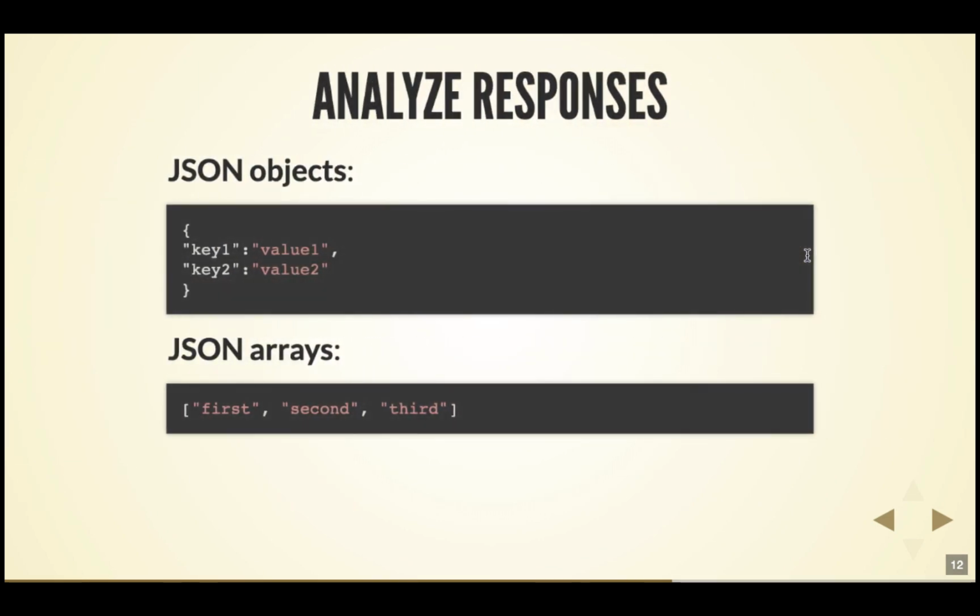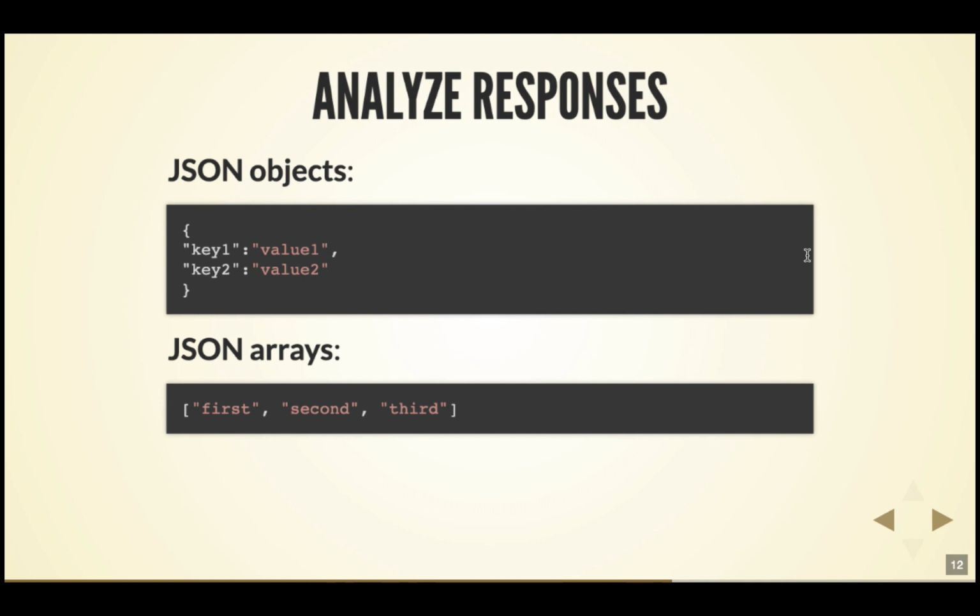One other thing is the responses that are coming back. You notice that they were formatted in JSON. If you've never seen JSON, it's basically curly braces and square brackets. The curly braces identify an object, and the square brackets identify an array. An object is just key value pairs, and the array is just a list of things. Mark? I come out of XML heavy, so I would call those square brackets.